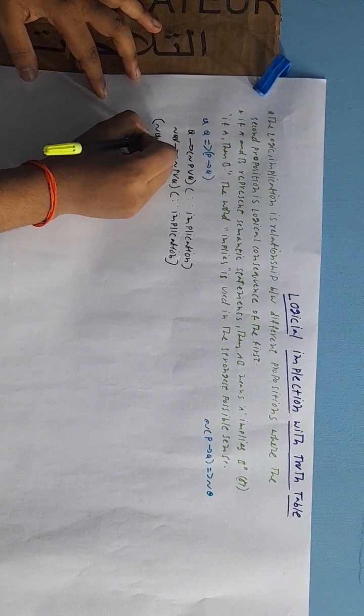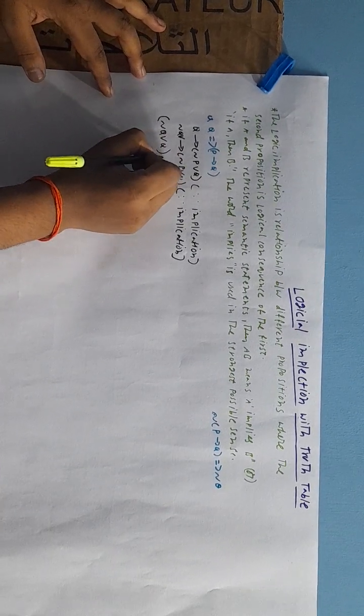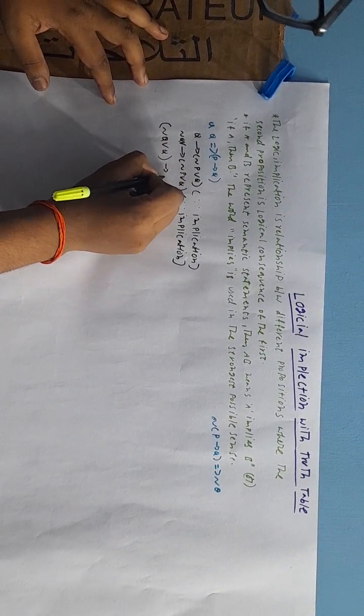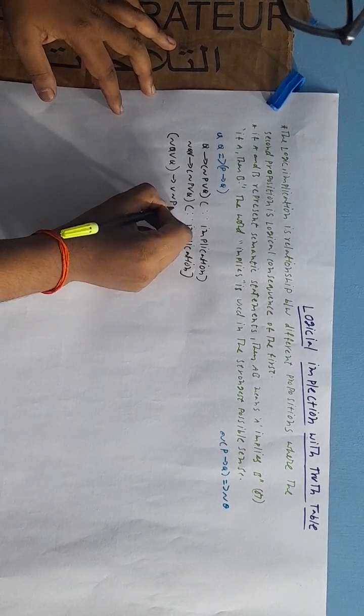Negation of Q, R of Q implies R, negation of P. This is associative.